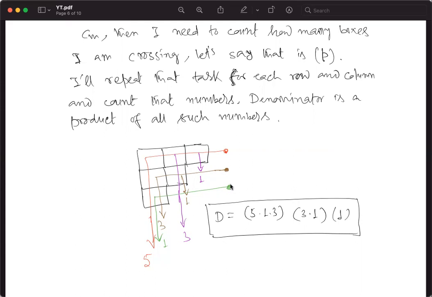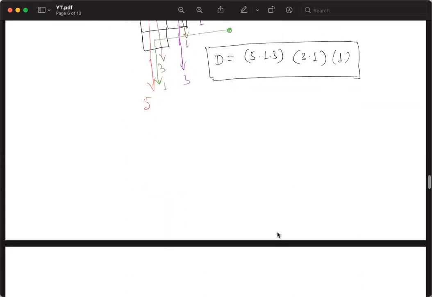And then for R3 I have only one box to cross here, so this is 1. Now I take a product of all such numbers, and that will give me the denominator. And remember, the numerator divided by the denominator, the dimensionality is always an integer, it cannot be a fraction.